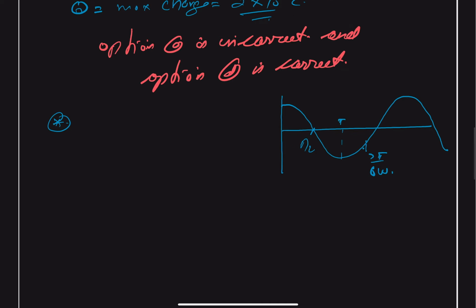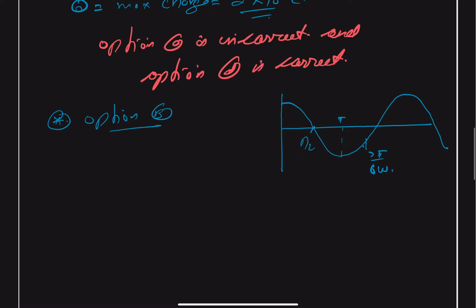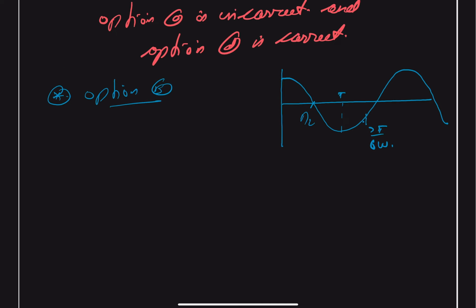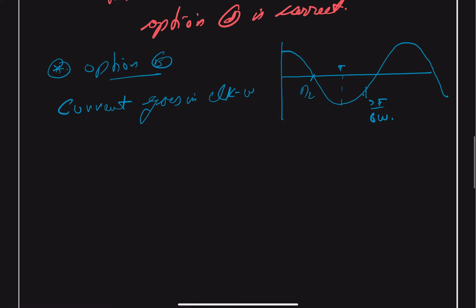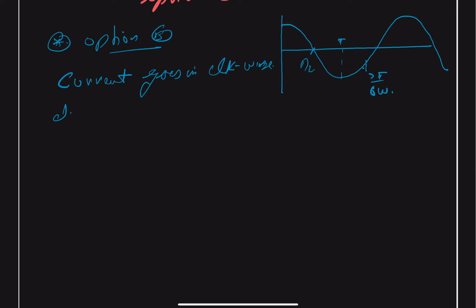So for option B we can say that current goes in clockwise direction up till pi by 2.